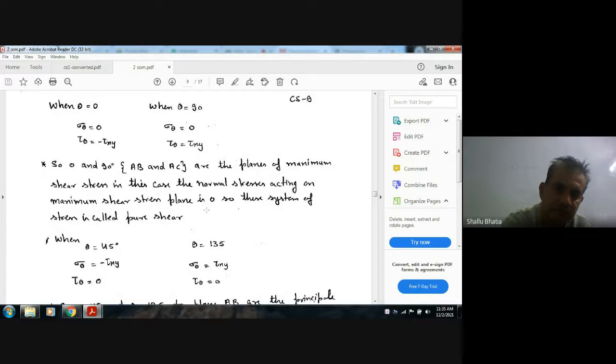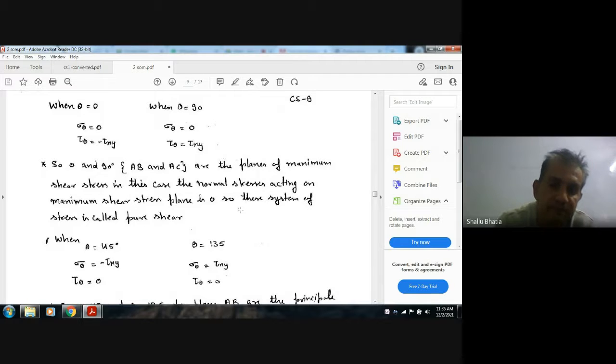So this system is called pure shear, because where the maximum shear stresses act, the normal stress is 0.